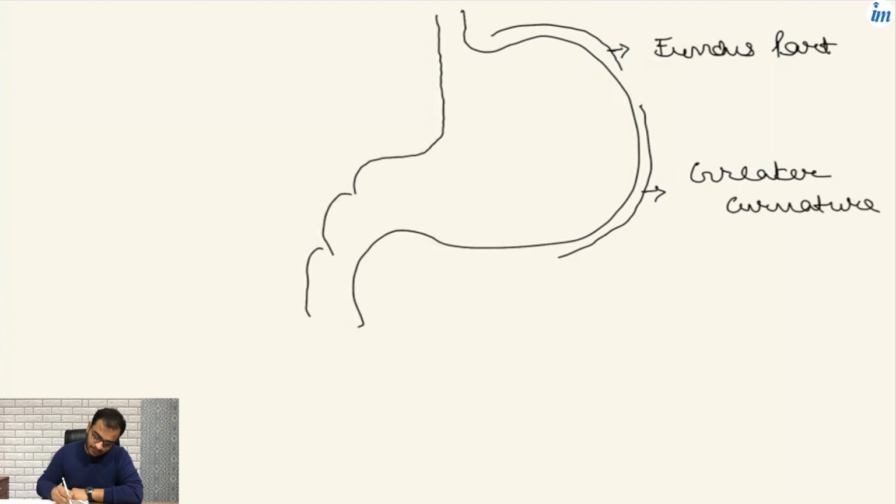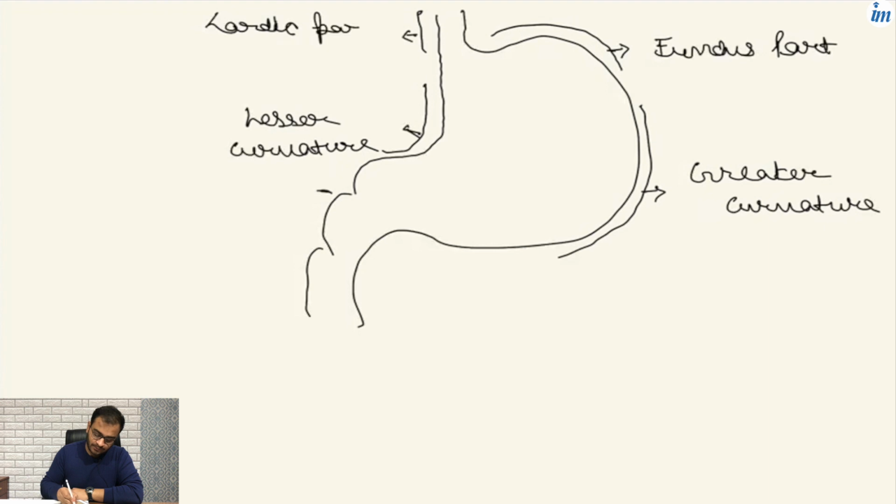This part is the lesser curvature of the stomach. Here we can see the first part of the duodenum and second part of the duodenum, and somewhere here belongs the cardiac part where the esophagus ends.